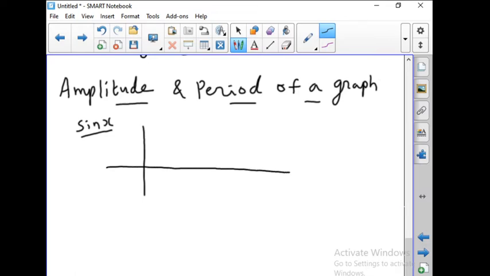So this is the x-axis and this is the y-axis. This is 0, pi by 2, pi, 3 pi by 2 and 2 pi, say. Approximately I have given the spacing. If you take 1 here, then the sine curve is this.